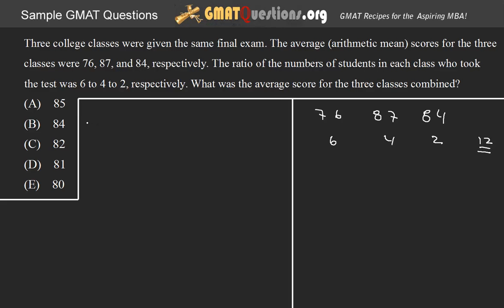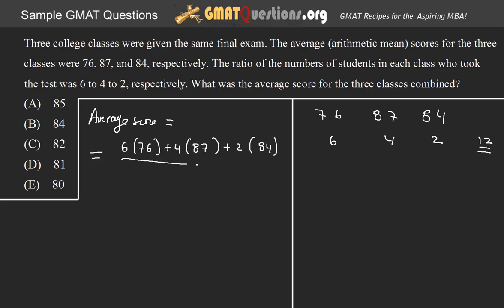So the average score is going to be equal to 6, the weight, times 76 plus 4 times 87 plus 2 times 84, and this whole thing divided by 6 plus 4 plus 2.